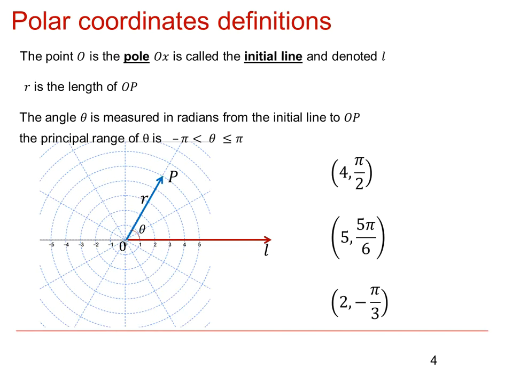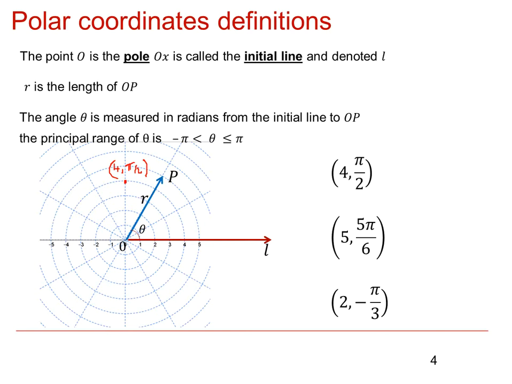As some examples of that, we've got the point (4, pi by 2). Pi by 2 is a quarter of the way around the circle, and distance 4 is at this point here. So this is (4, pi by 2). Next, (5, 5 pi by 6). The radial lines marked out from O are at intervals of pi by 6.